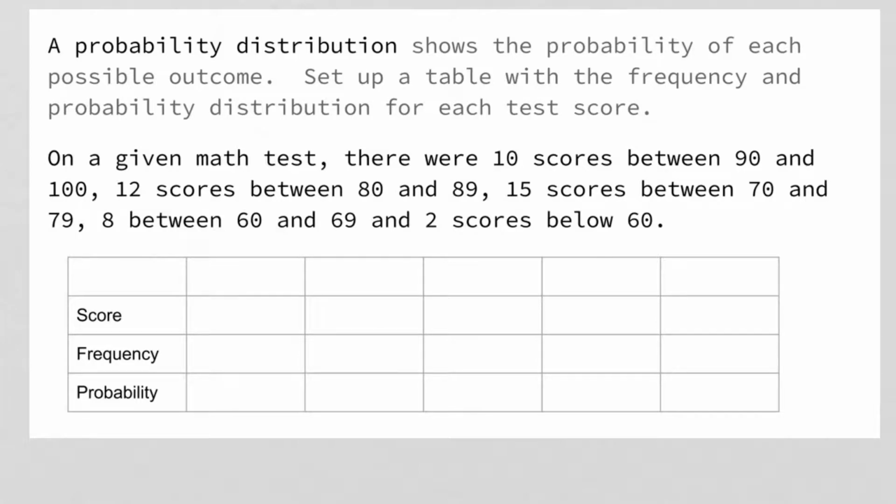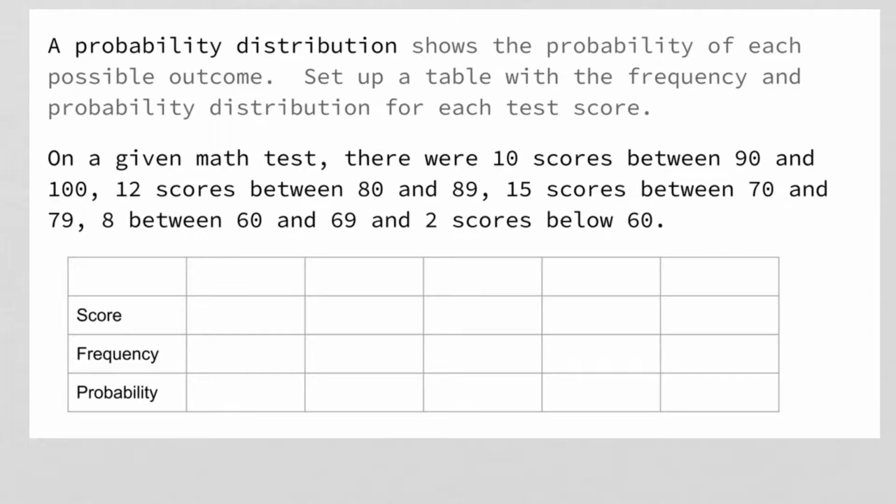So this question is about a given math test. There were 10 scores between 90 and 100%. There were 12 scores between 80 and 89. There were 15 scores between 70 and 79, and 8 scores between 60 and 69, 2 scores below 60. All right, so I put my rows as score, frequency, and then the probability.